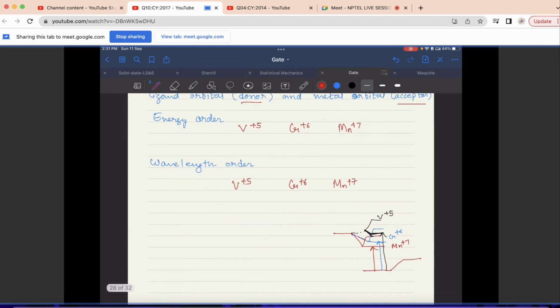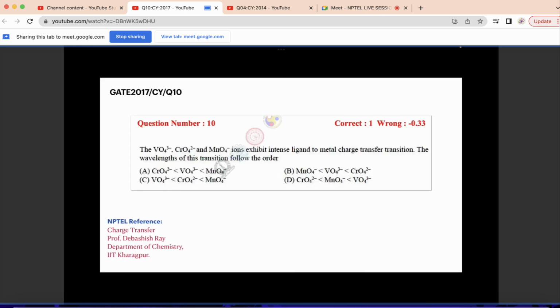And as we know, energy is inversely proportional to wavelength, so the order gets reversed in the case of wavelength. So my wavelength order will be this. The correct option for the given question is option C.